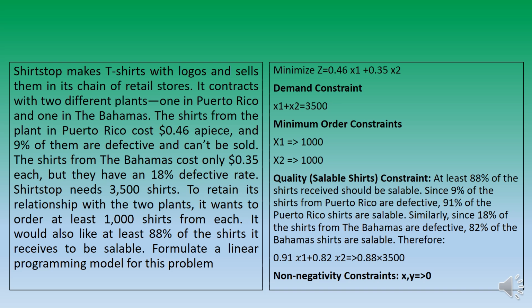The total quantity you would like to sell is 88%. It would like at least 88% of the shirts it receives to be sellable. So 88% of the shirts must be sellable. This is the constraint.